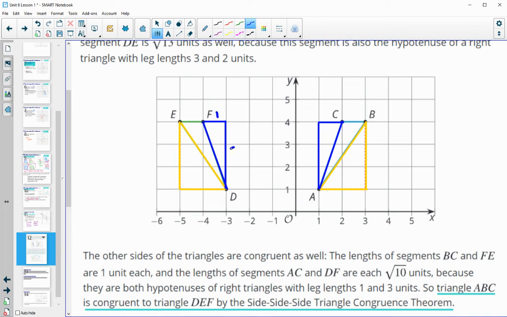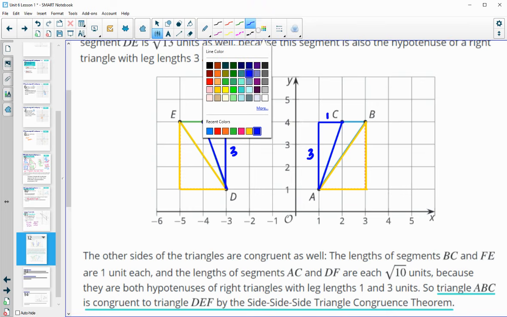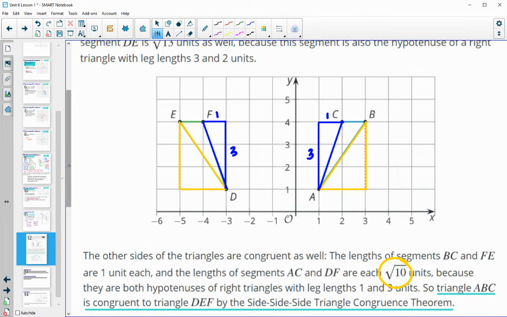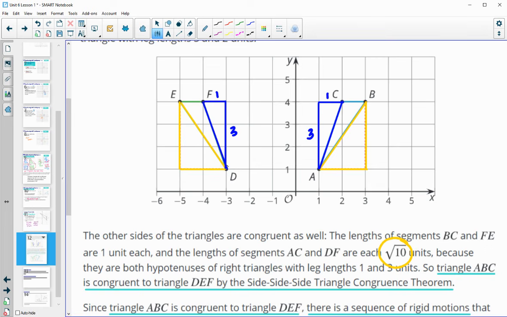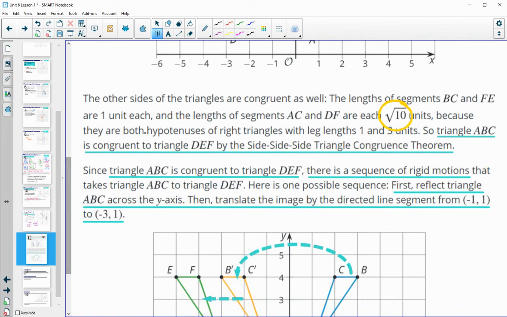So this is 1, 3, 1, 3. And you could do the Pythagorean theorem to get that square root of 10. So once you've figured out that yellow and yellow are congruent, the blue and blue, and then EF and CB are both 1, then you know all 3 sets of sides are congruent, so the triangles are congruent by side, side, side.